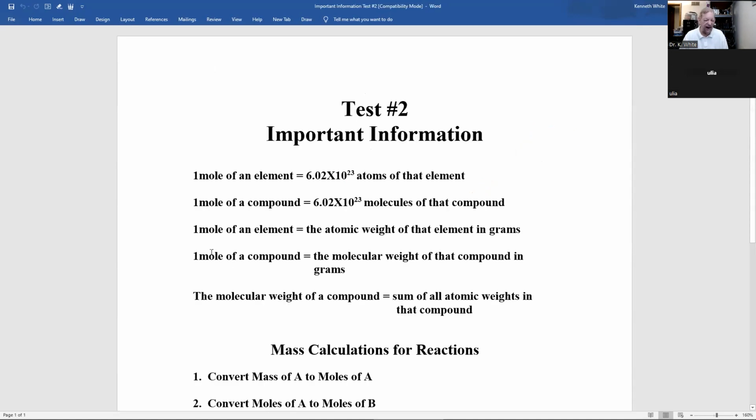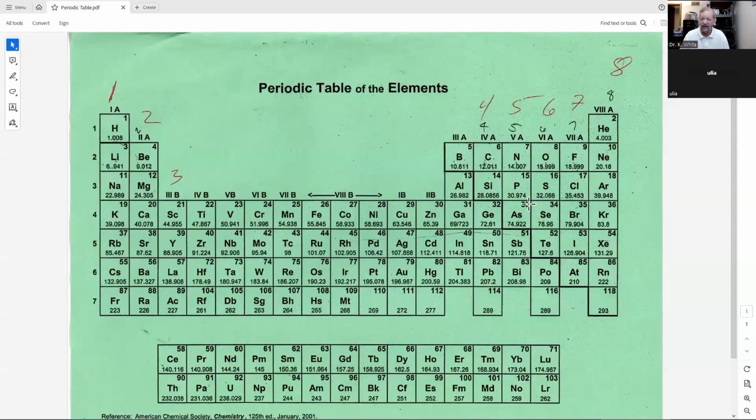Well, in case you forgot, 1 mole of a compound or molecule equals the molecular weight of that compound in grams, and the molecular weight is the sum of all atomic weights. Well, we're dealing with oxygen gas, O2. We need the atomic weight of oxygen. To 3 significant figures, that's 15.99. No, it's 16.0 when you round it off.